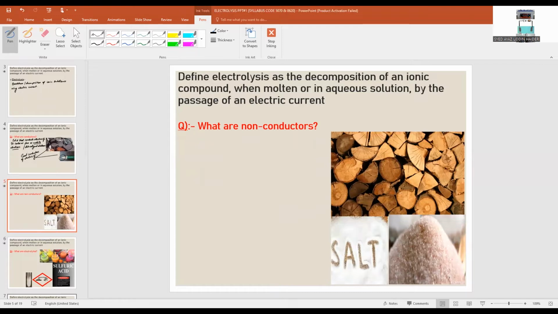What are non-conductors? The answer is simple, and that is any solid that does not conduct electricity.